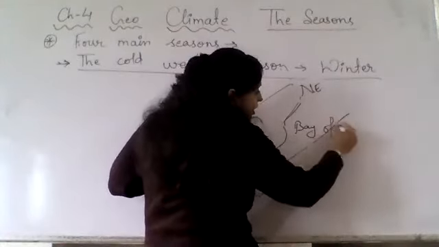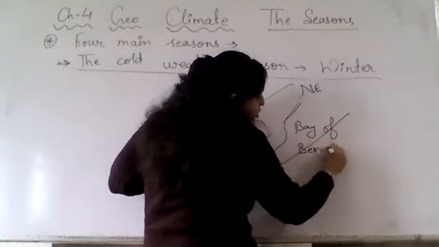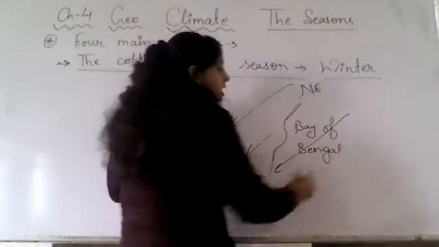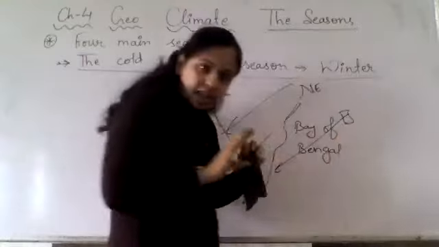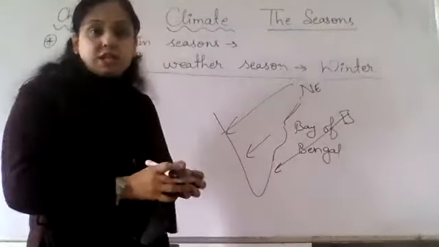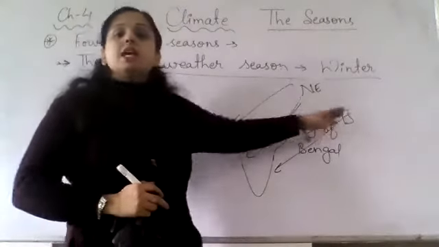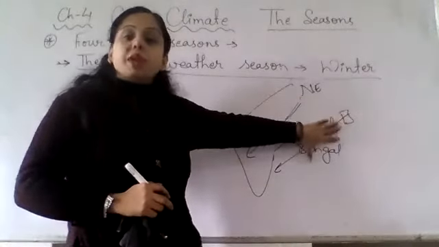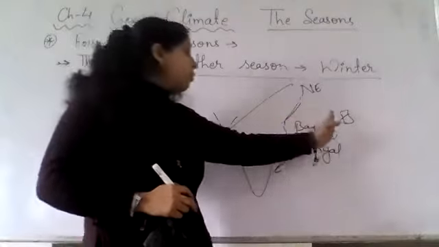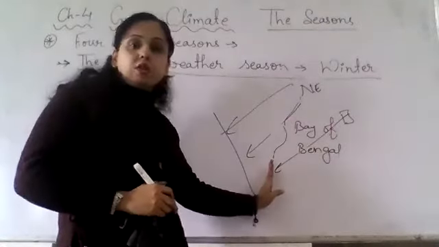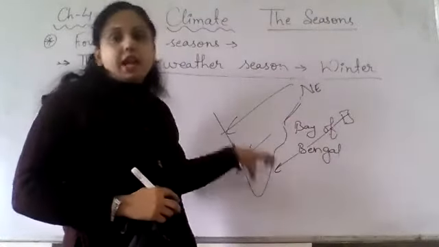That is what I explained just now. This is northeast wind, not southwest wind. Northeast wind, which is coming from this area, will take moisture from the Bay of Bengal. So when it comes and hits here on the Tamil Nadu coast, it will rain.